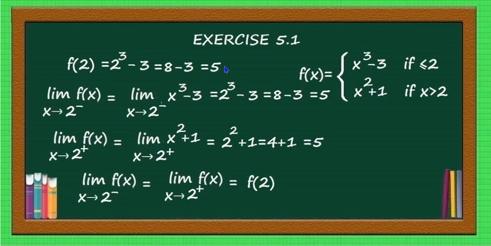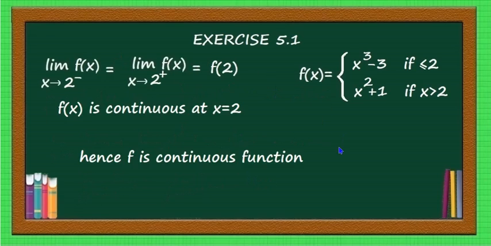And left hand limit, right hand limit, and value of the function are equal. All of them are equal to 5. Therefore, f of x is continuous at x equal to 2. And it is continuous when c is less than 2, when c is greater than 2, and when c is equal to 2. Therefore, the function is a continuous function.